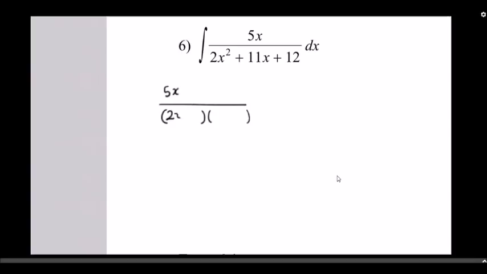And looks like we're going to have, let's try a 4 and a 3. Looks like 8x, yeah, that'll work. 2x plus 3 times x plus 4. Again, two factors in the denominator tells me we're going to have two partial fractions.